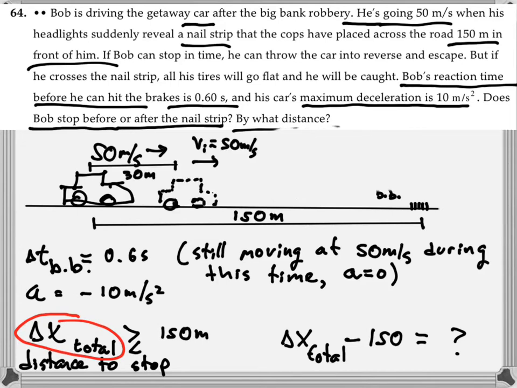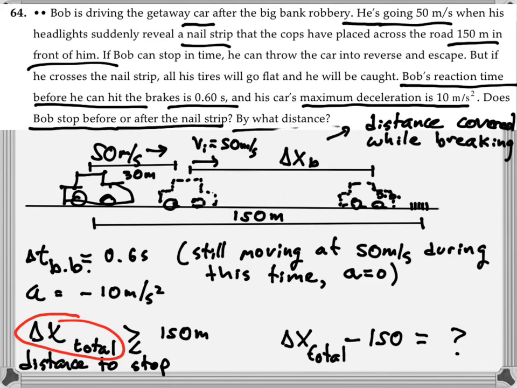I'm going to sketch that and show the car 30 meters away from the initial location, still moving at 50 meters per second. So now the distance between Bob's car and the nail strip is 120 meters. But now the car is going to be accelerating at minus 10 meters per second squared. The car is going to slow down and stop, and the distance traveled from the moment the car starts to decelerate to the moment when the car has zero velocity, I'm going to call delta xb, the distance while braking.